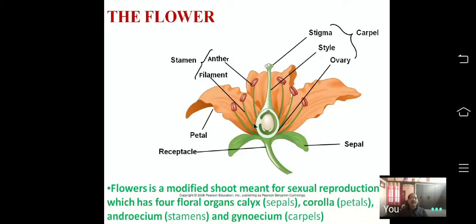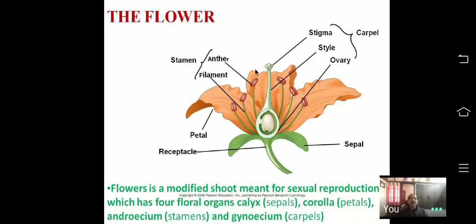The basal, oval shaped area is called the ovary. It is situated above the thalamus. The ovary contains a number of ovules.